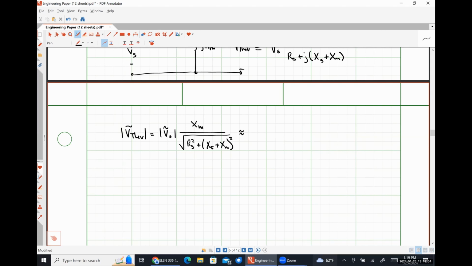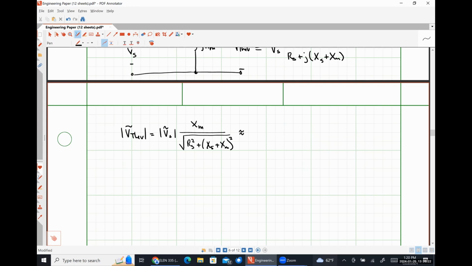So now we can make an observation. Okay. Rs squared is usually going to be appreciably smaller than (Xs plus Xm) squared. So it's not really adding a lot to our expression.